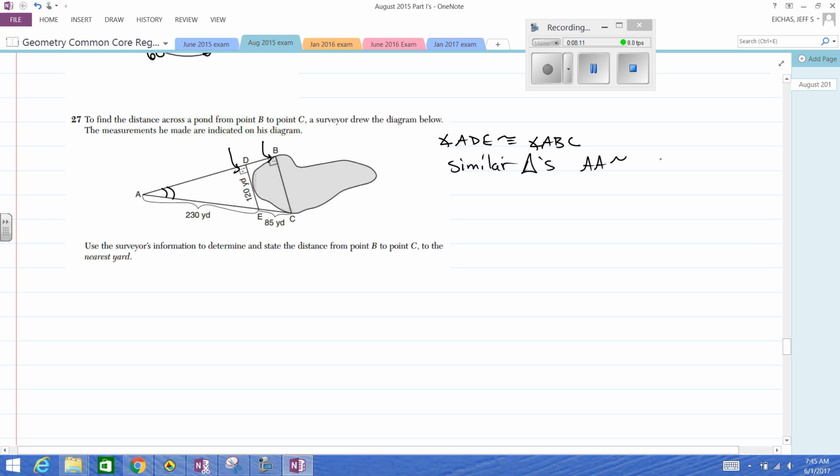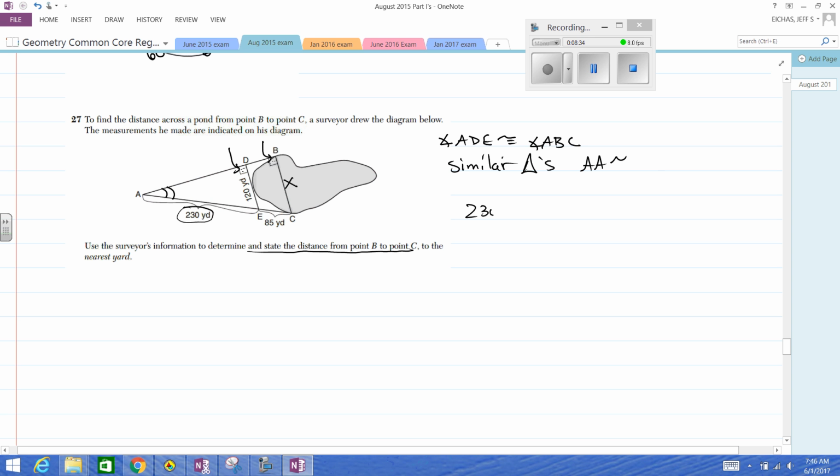Okay, by that angle similarity postulate. All right, let's see. Determine and state the distance from B to C. All right, so this is what we need. Here's the trick in this problem. You want sides that are proportional, but the 230 is not proportional to the 85.